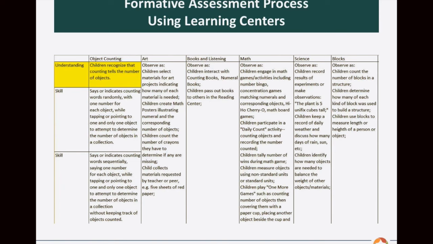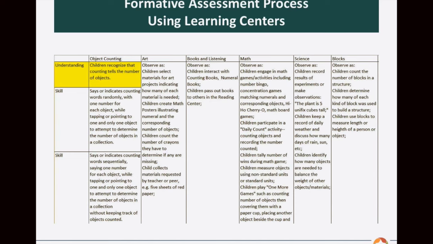The first columns of each construct worksheet list the understandings and skills related to that construct. Understandings will be highlighted in yellow, and skills related to that understanding follow below. The top row lists centers that are in the classroom, and you will see additional ones when you go to the resource. Under each of the centers are examples of what you might see children doing in those centers.